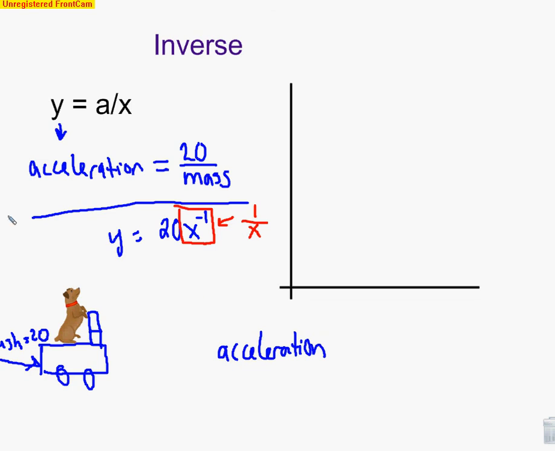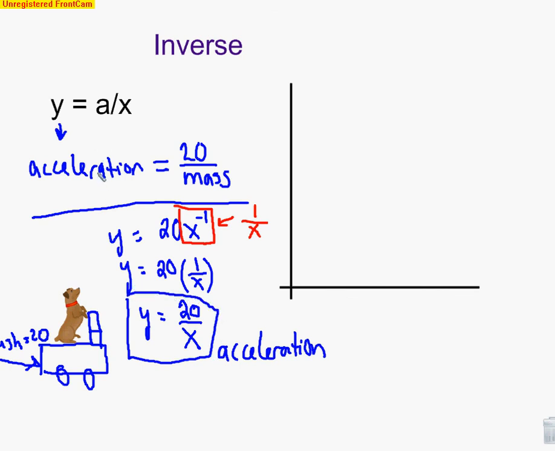So we could also write this as y equals 20 times 1 over x, or y equals 20 over x, if we combine the 20 times 1. And that looks exactly like the equation we started with, where acceleration was our y value, 20 was our constant, and x was our mass. So it matches up. In general, an inverse graph should look something like this.